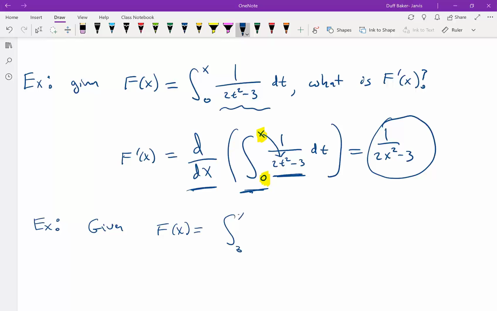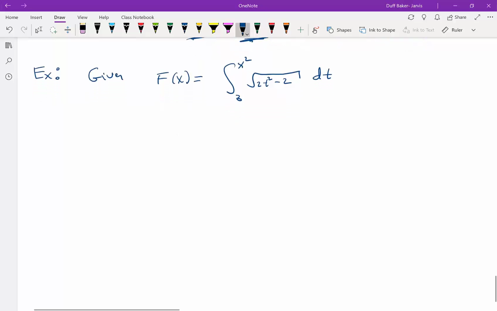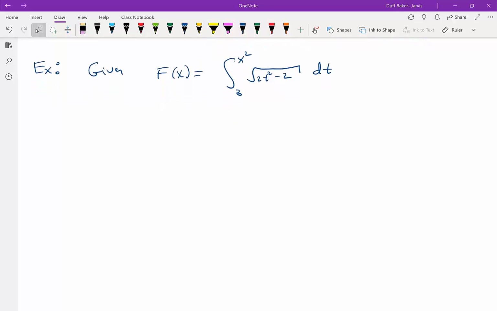It's going to be 3 to x squared. And let's just put a square here. So now let's again compute.